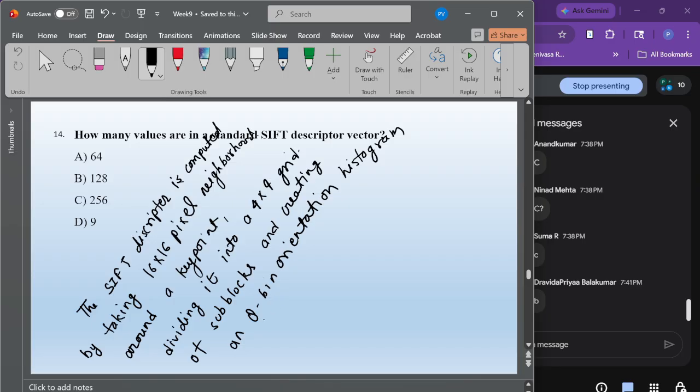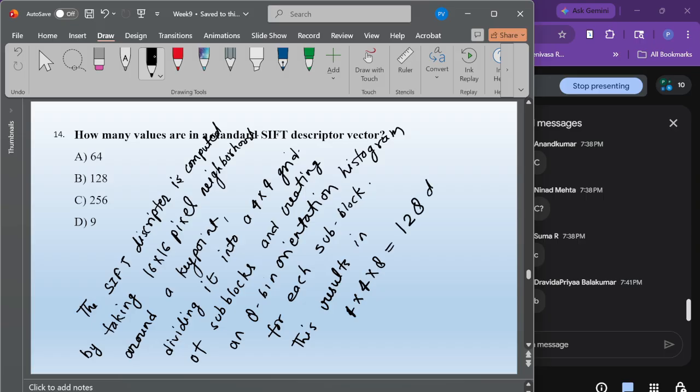So creating an 8-bin orientation histogram for each subblock results in a 4 cross 4 grid with 8 orientations for each subblock. So total how many dimensions? 128 dimensions will be there.